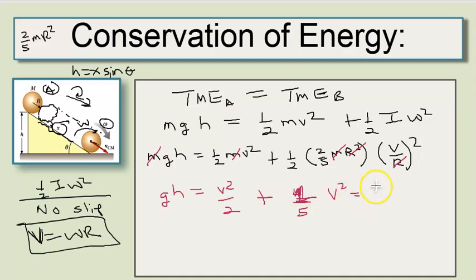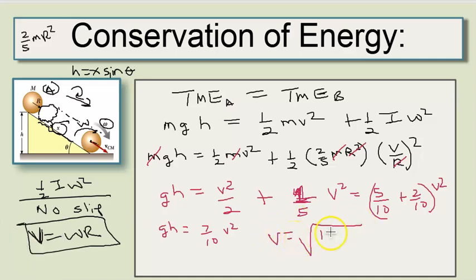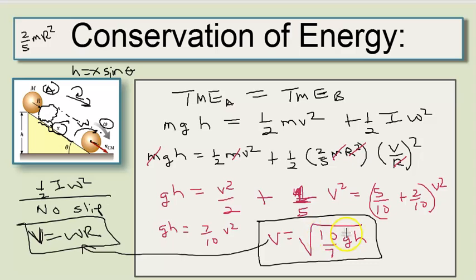That is going to be 5/10 v squared plus 2/10 v squared. So gh equals 7/10 v squared. If we care what v is, it's going to be the square root of 10/7 gh. And if you wanted to find omega, if that was the question, then omega would just be that over r.